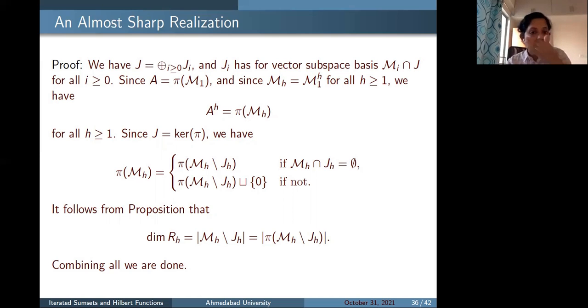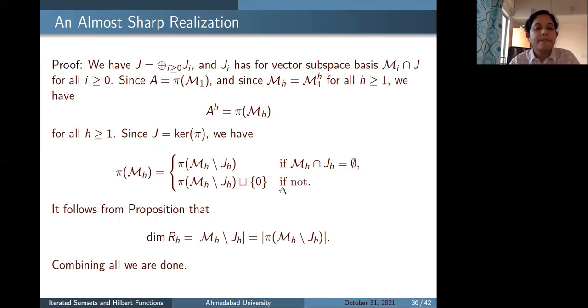Now the second point is that since J is equal to the kernel of pi, we can say that pi of M_h is equal to pi of M_h minus J if their intersection is empty, and it is this union 0 if not.